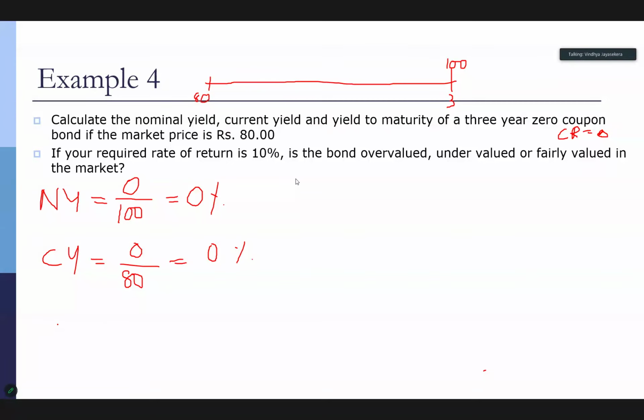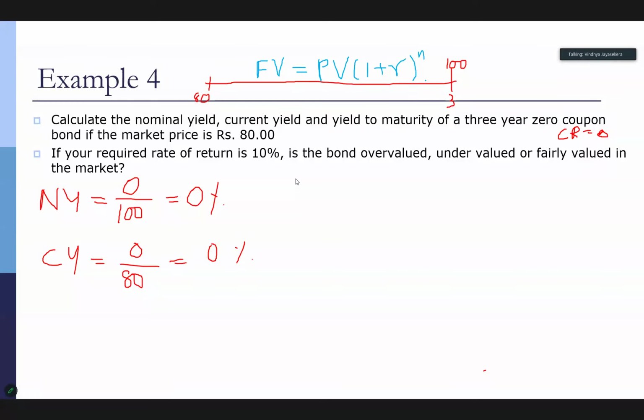YTM also, you can do it using guess one, guess two. You can. You will get the same answer. But there is an easier way to do this calculation. Because do you see there are no coupons in between? Because there are no coupons in between, I can use the equation future value equals present value times (1 plus r) to the power n.